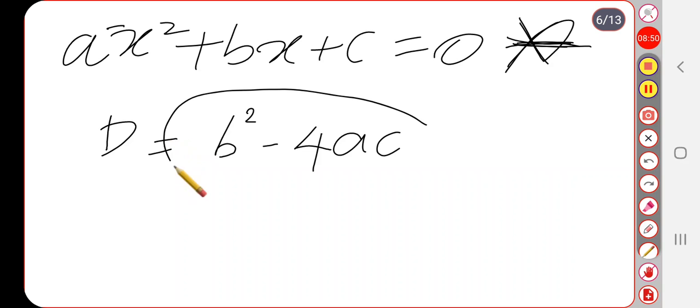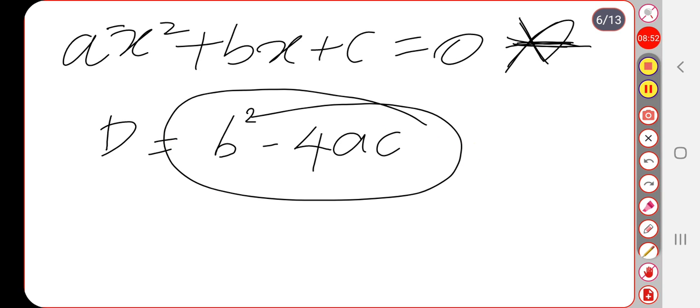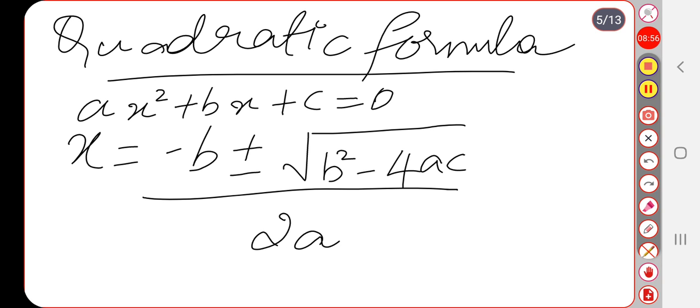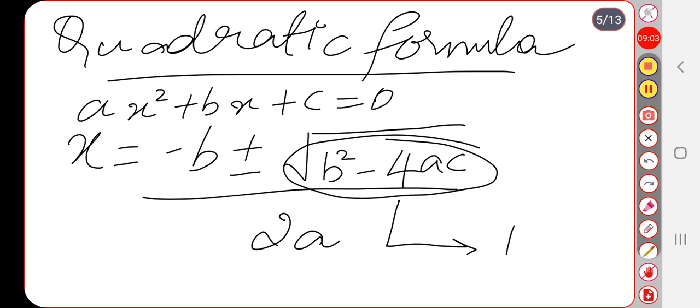We might have come across this term somewhere in the quadratic formula. So this is nothing but our discriminant.